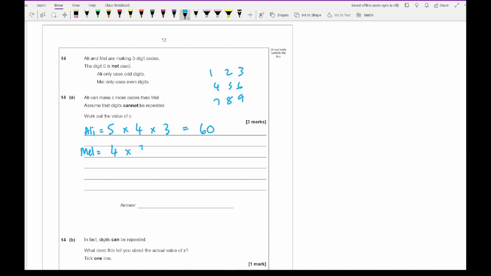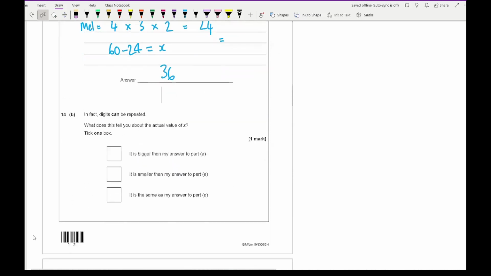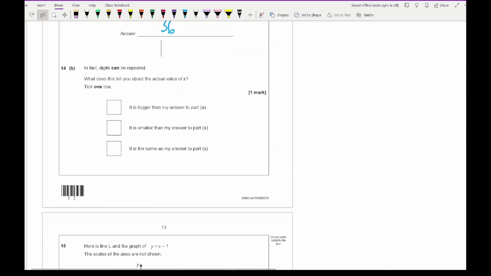Then obviously I've used 1, so I've only got 3 left, and then used 2, so I've only got 2 left. And again, if I work that out, I then get 24. Then to work out the difference, which is X, 60 minus 24 equals X, and so X equals 36.